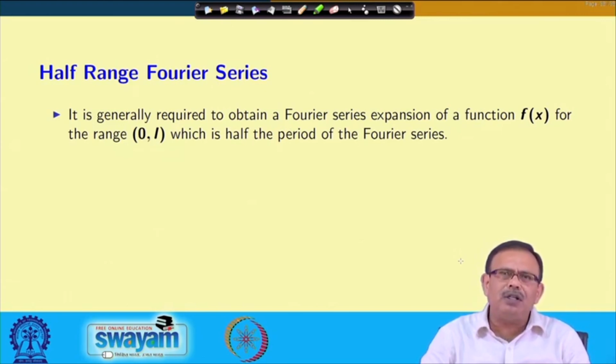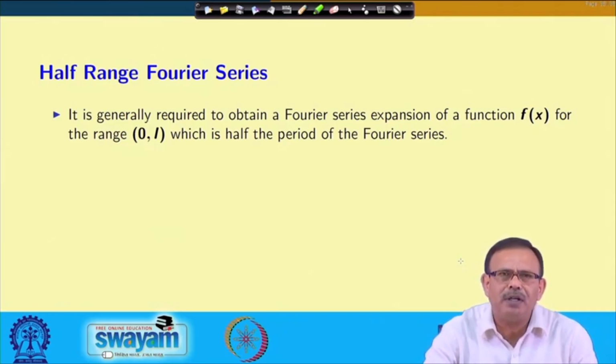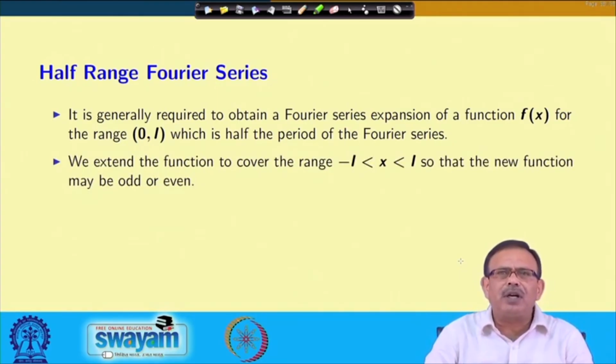So, we want to study, if a function is defined in 0 to L, in the half range Fourier series, how to find out the Fourier series of such a function. So, what we can do? We can extend the function to cover the range from minus L to L, so that the new function will be either an even function or an odd function.